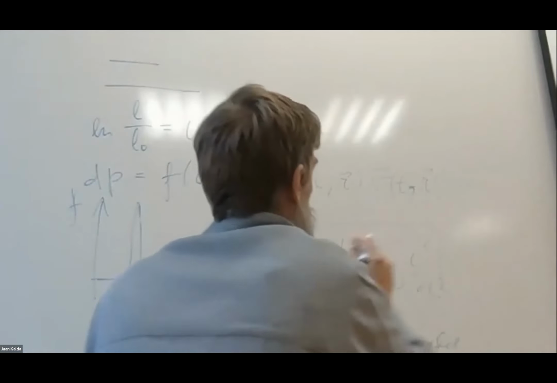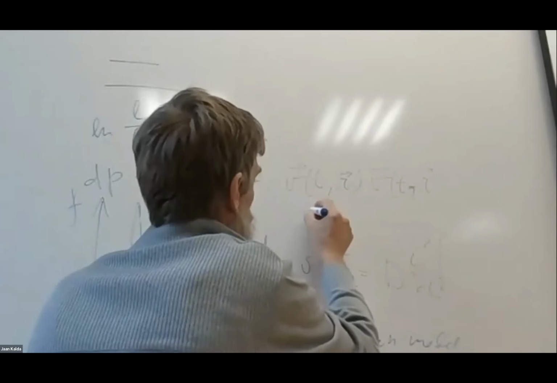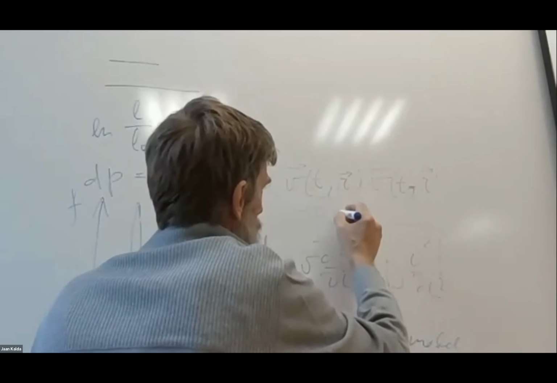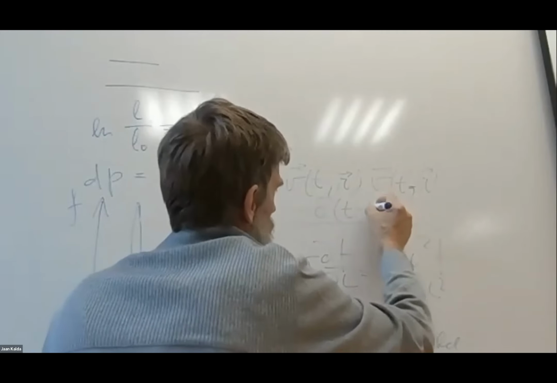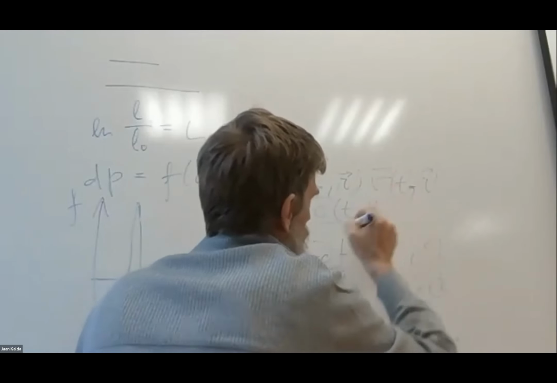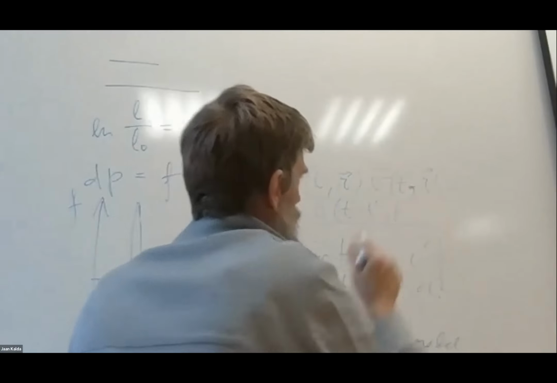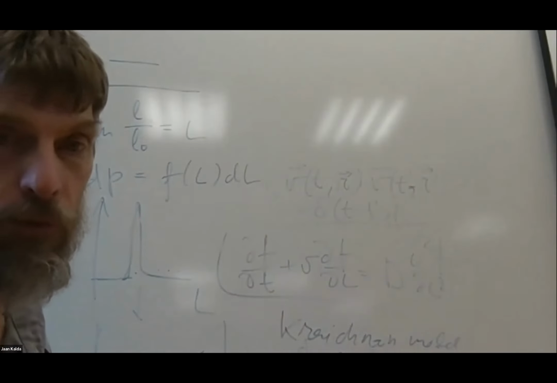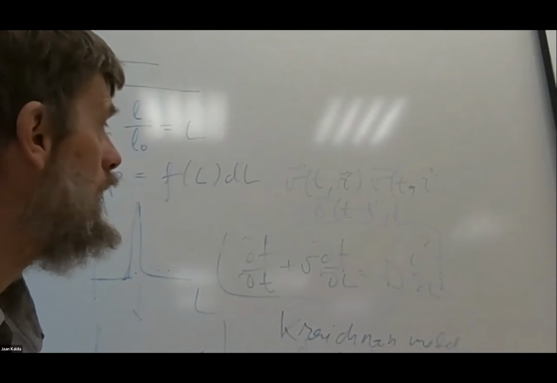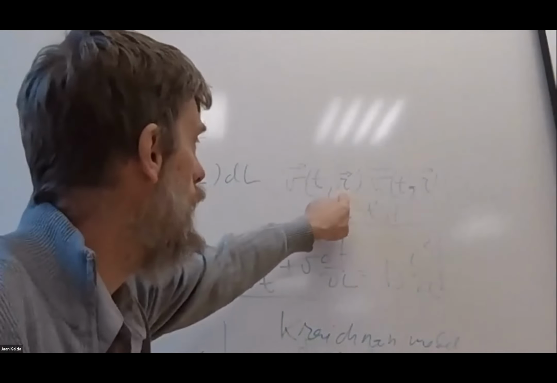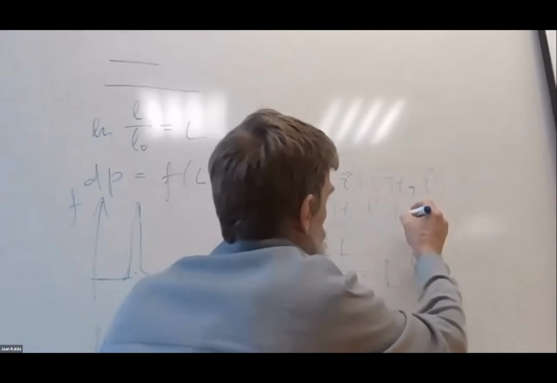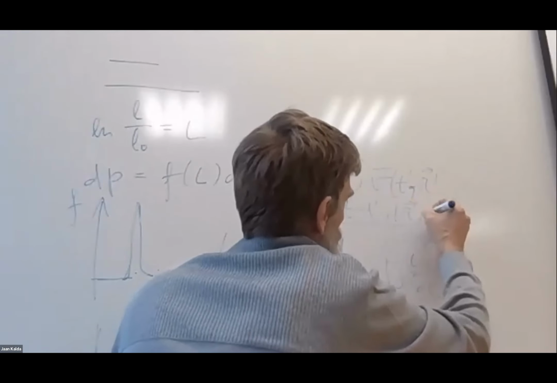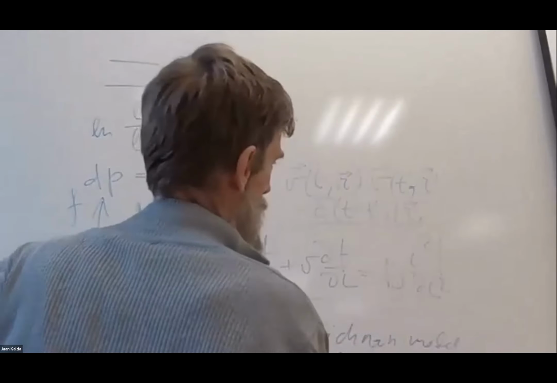Then this becomes something which is delta of t minus t prime. And if we now have isotropic turbulence, this correlation function is independent of direction from r to r prime and depends only on the distance, r minus r prime.